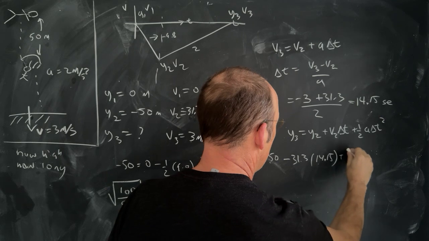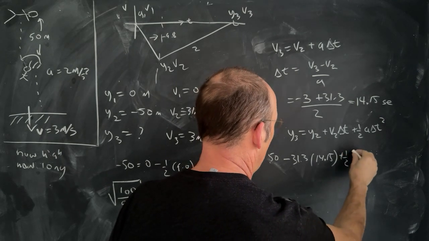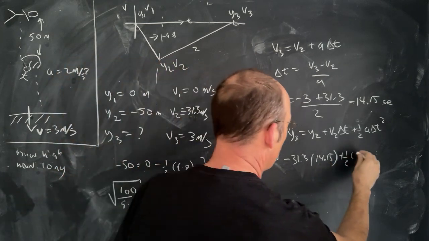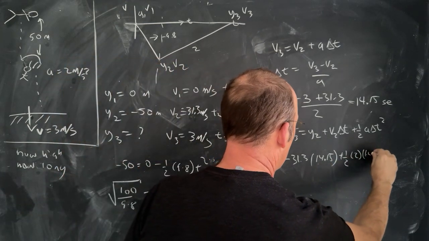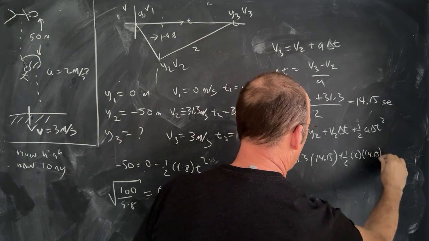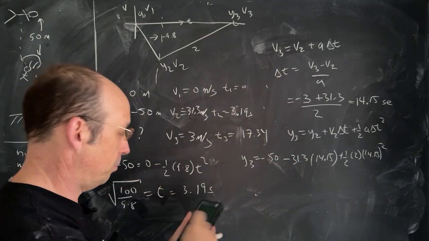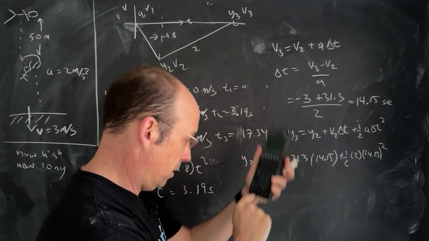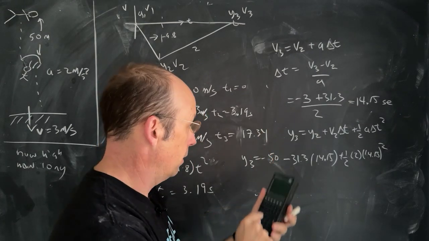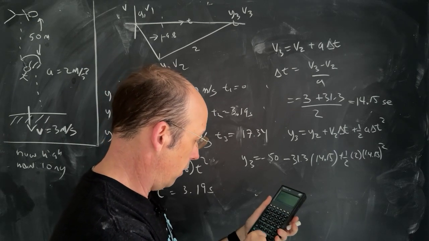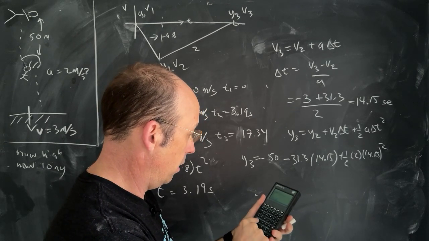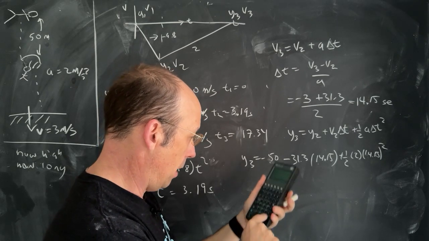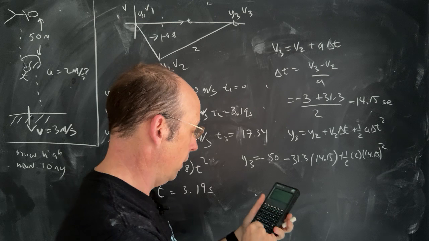And then I have plus 1/2 a, which was 2, times 14.15 squared. So let's put that in the calculator. Negative 50, enter, negative 31.3, enter, 14.15 times... oh, I did that wrong.